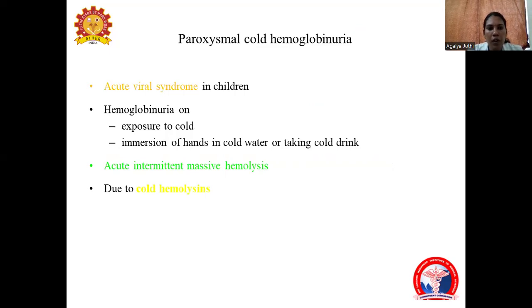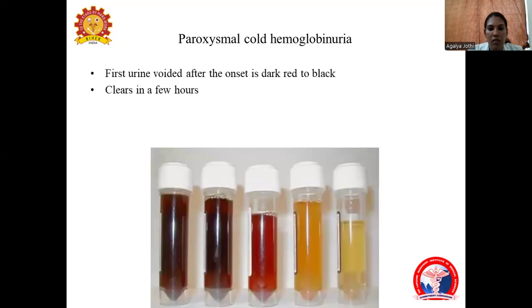Paroxysmal cold hemoglobinuria is an acute viral syndrome in children. Hemoglobinuria occurs on exposure to cold, such as immersion in water or taking a cold drink. There is acute intermittent massive hemolysis due to the disease. So the first early morning voided urine is dark, then subsequent urines will be clear.